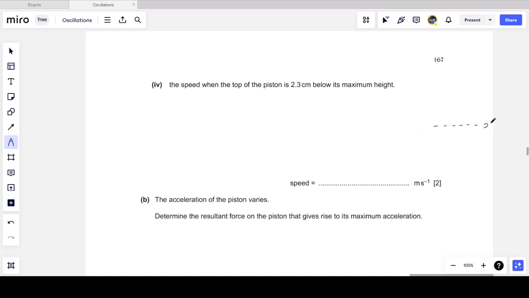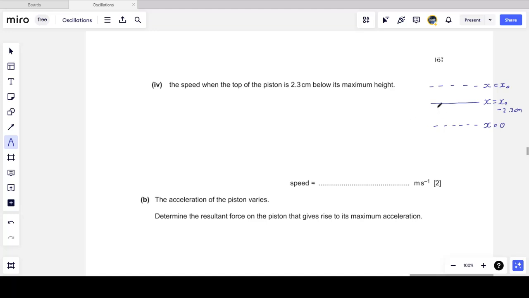If I have my equilibrium position, the midpoint of the cylinder, then the maximum, the amplitude at the top will be x0. And the center of my piston, I'm just going to draw it as a line, is at the amplitude minus 2.3 centimeters.